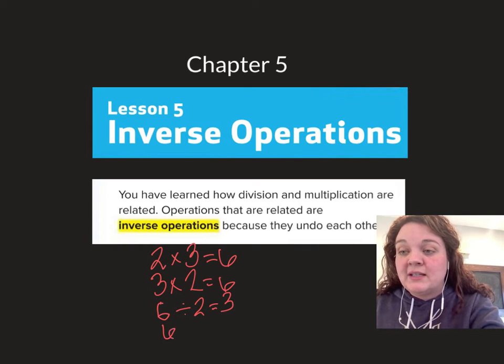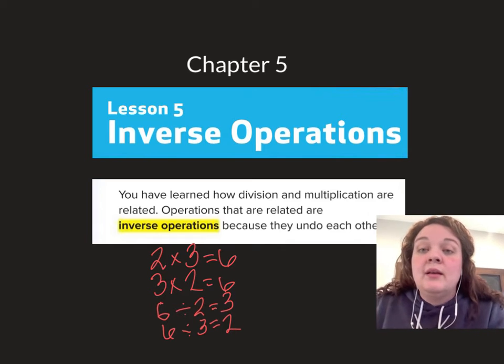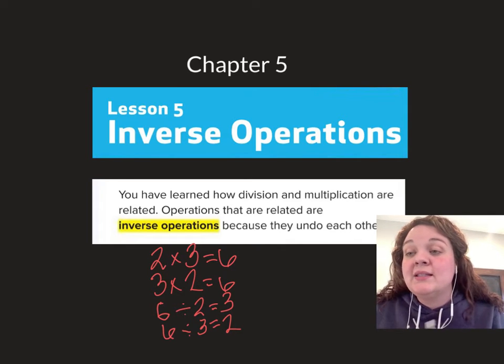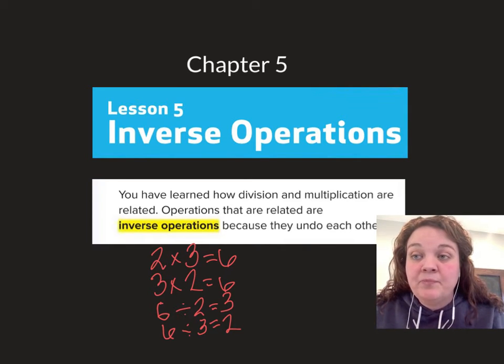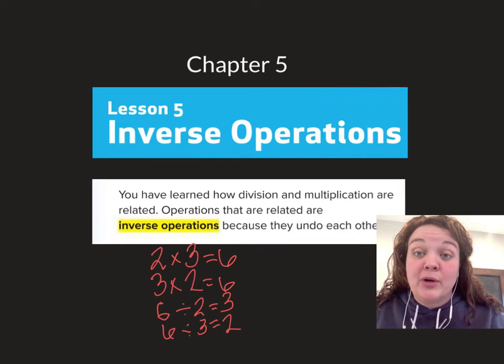Or if I took 6 and divided it into 3 groups, I'd get 2 in each group. Because they're related in that way, they are called inverse operations. So addition and subtraction are the same deal. Let's do some examples and talk about our friend inverse operations.